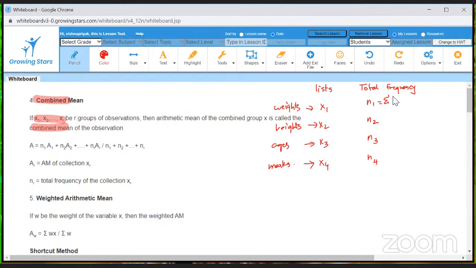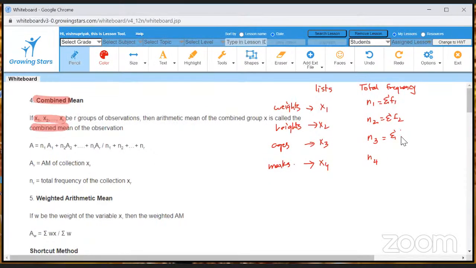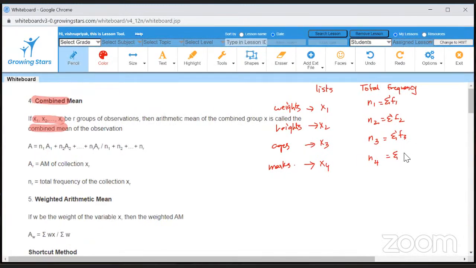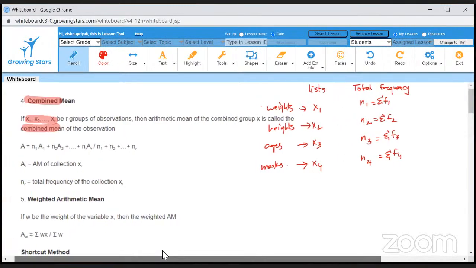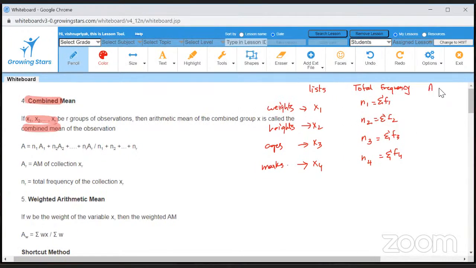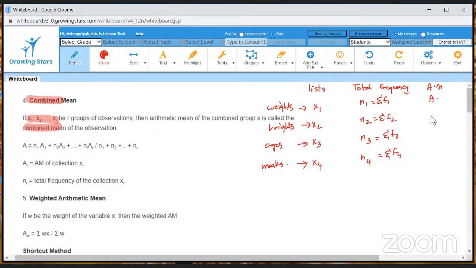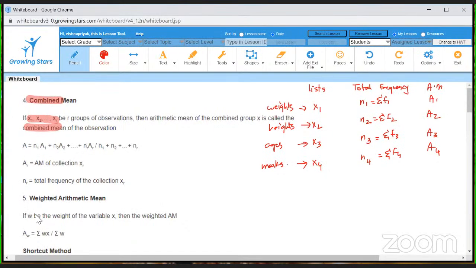Sigma Fi, the sum of all the frequencies in the list. Now we have the arithmetic mean for each list: the arithmetic mean of the first list, of the second, of the third, of the fourth.